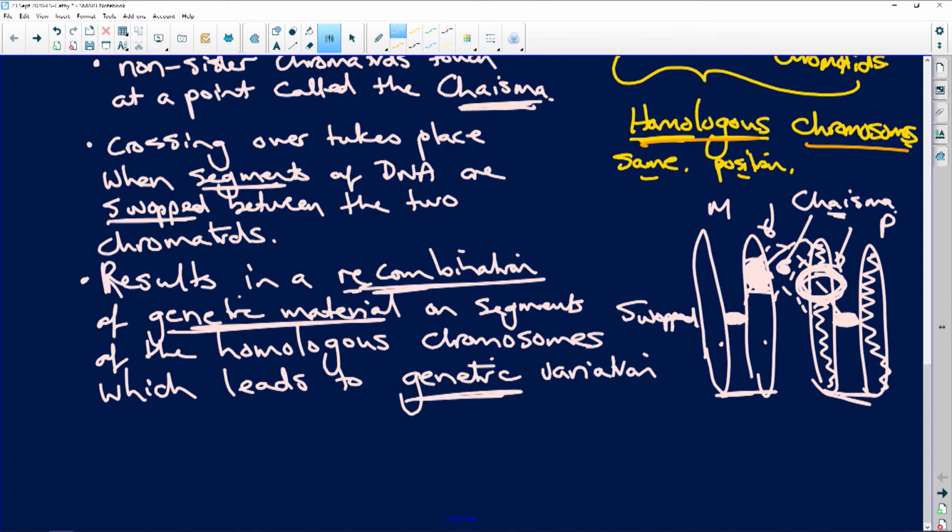And this point here, you can be asked as part of a meiosis question, you can be asked as part of a DNA question, and you can be asked as part of an evolution question. So make sure you understand that.